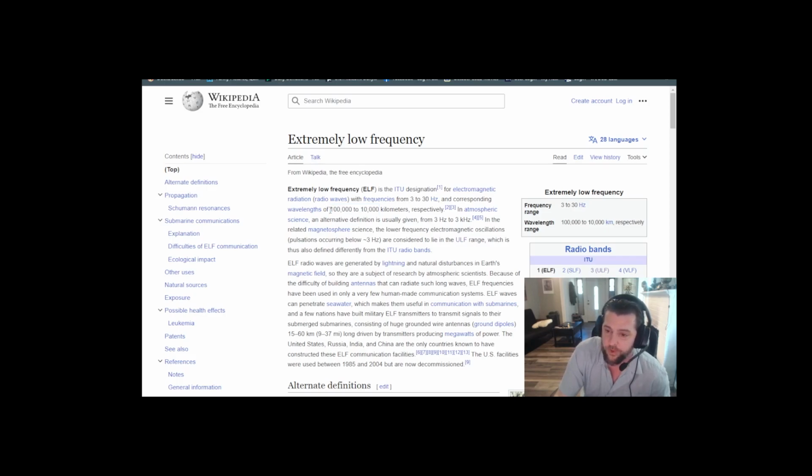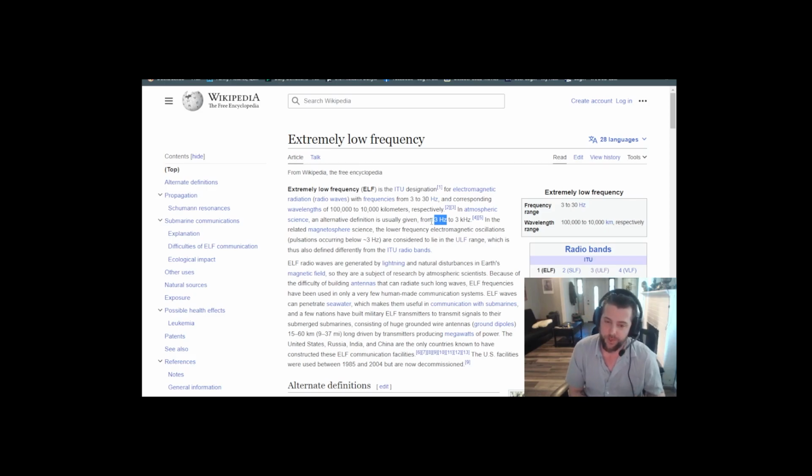So I want you to notice something. 100,000 kilometers, right? And that would be about 3 hertz, okay? And I know this because I did the math. You shouldn't have to. It's pretty obvious if you think about it. 1 hertz would mean that the photon will oscillate up and down once in 1 second.